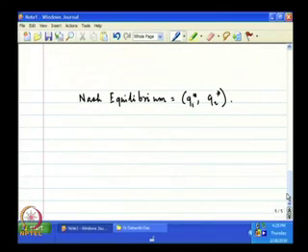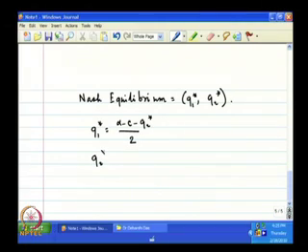So, to do that we have to solve these two equations. One is q1 star is equal to (alpha minus c minus q2 star) divided by 2. The other is q2 star. These two equations we have to solve simultaneously, and if we do that, then what we get is the following.